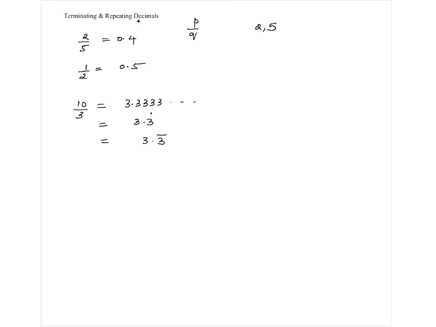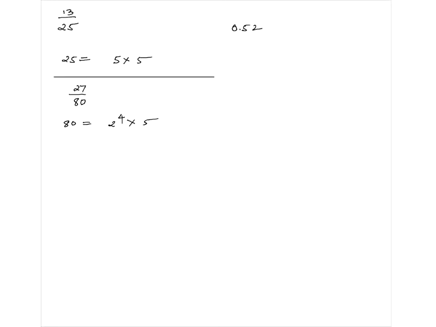Does that answer your question, or is there anything else? All right. So a rational number would be either terminating, and if it is non-terminating, it would be repetitive type.